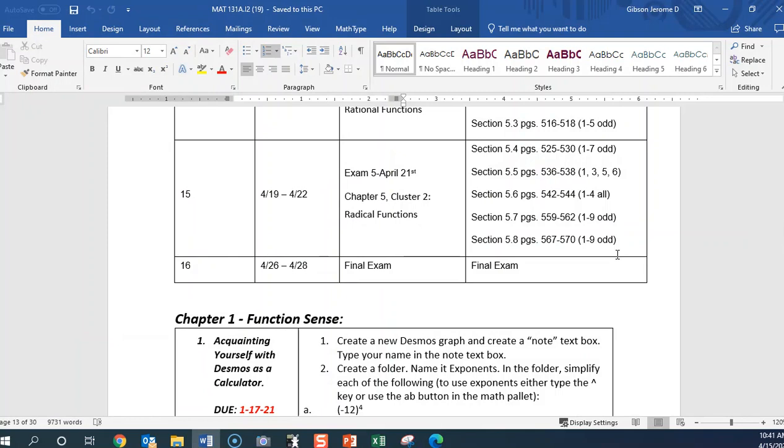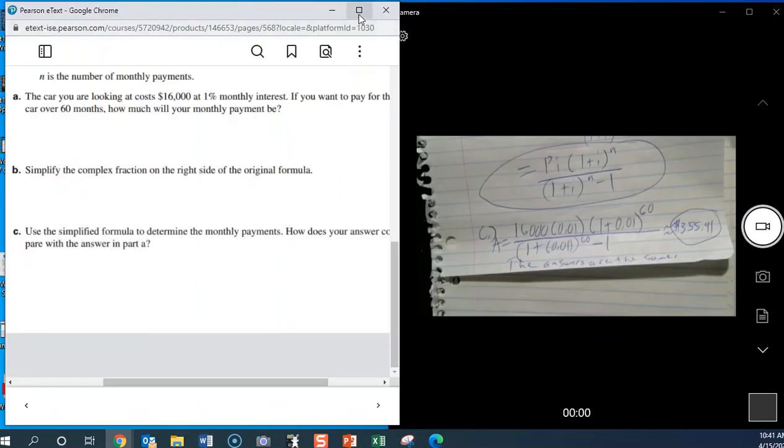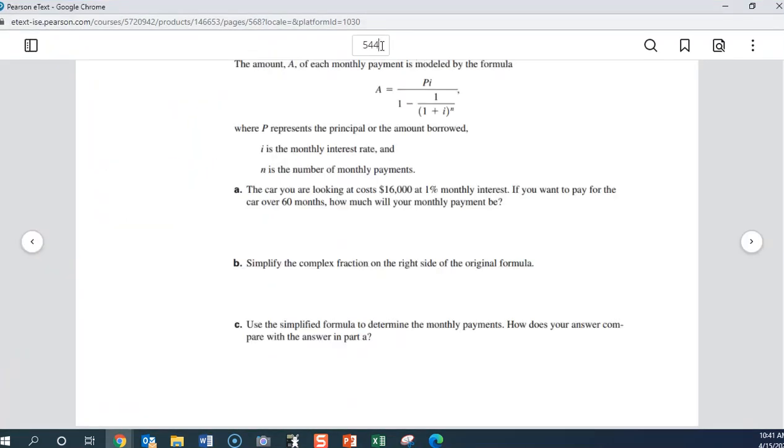All right. And these problems here for 5.7, we're only going to cover problem 3 and also problem number 7. So we'll cover 3 and 7. So I got to go to page 559.